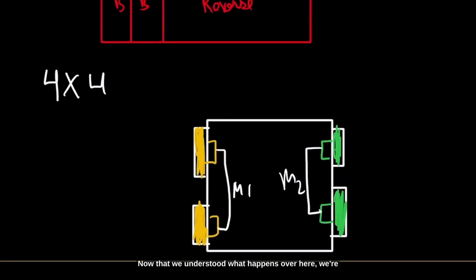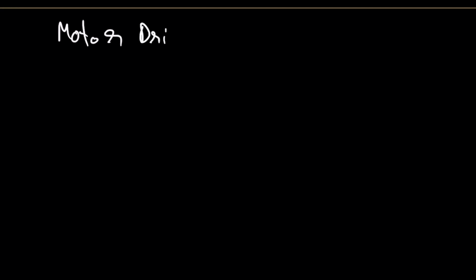Now that we understood what happens over here, we're going to understand a very deep concept. It's known as a motor driver. We'll clean this. Any guesses you can think of? It's pretty straightforward actually.